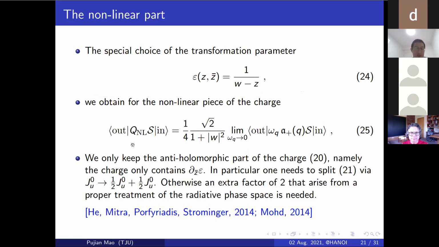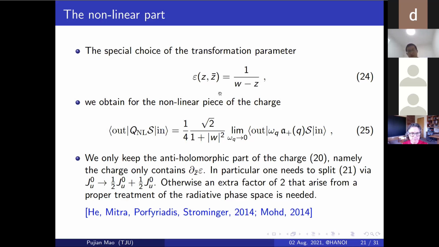And basically, this is the left-hand side of the Ward identity. Here I need to point out that we only keep the anti-holomorphic part because of the special choice of the gauge parameter.